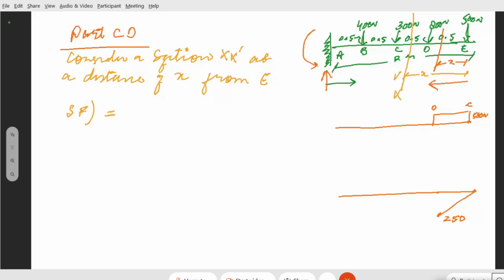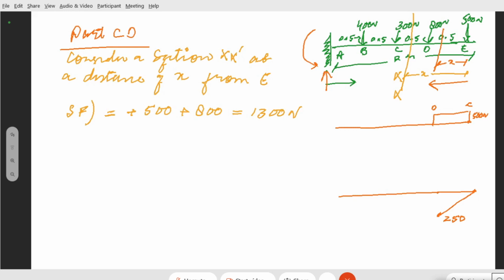This is your point X. We have two loads: plus 500 and plus 800. That comes out to be 1300 Newton. We have 1300 shear force, between X, that is at a distance X from E.